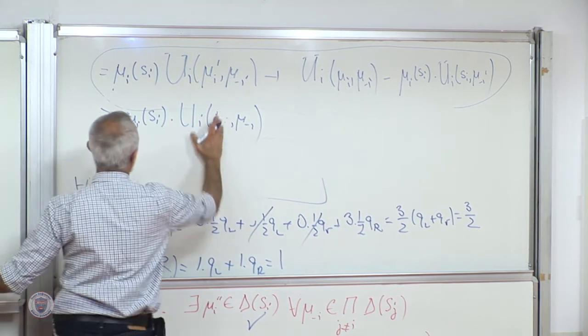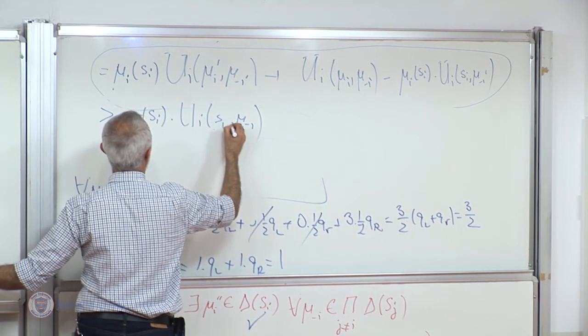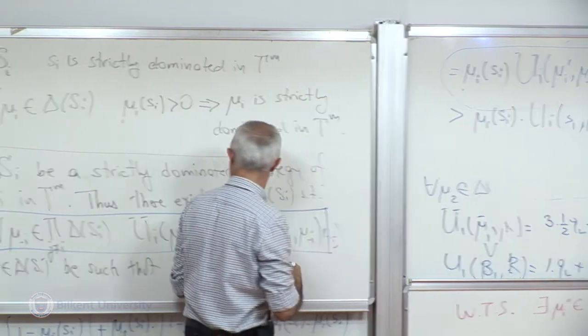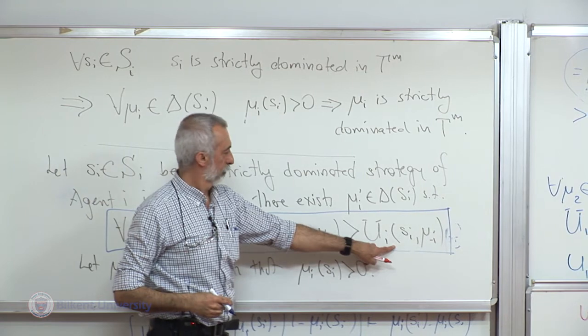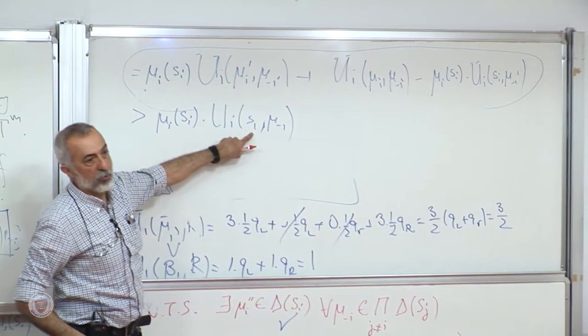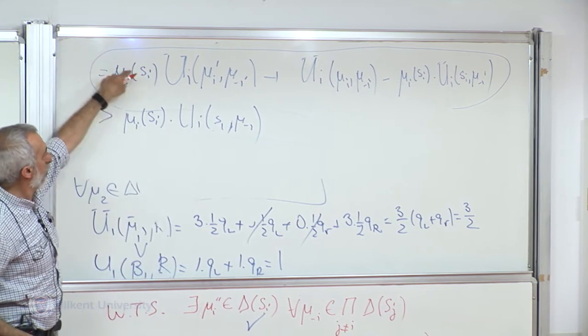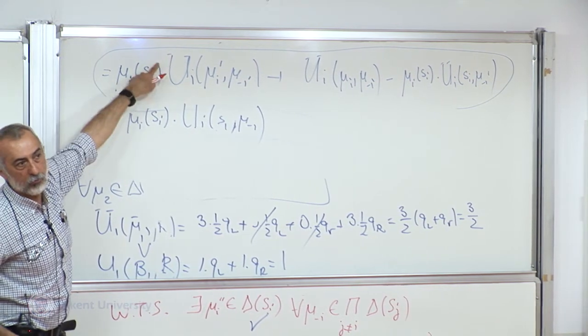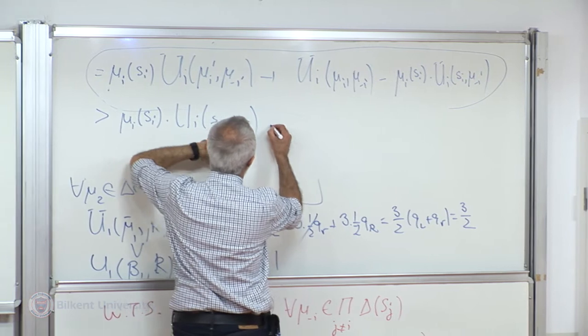Where did that come from? It came from this statement. Okay? So this number is bigger than this number. If I multiply both sides with a positive term, it's still bigger. And then we still have the rest.